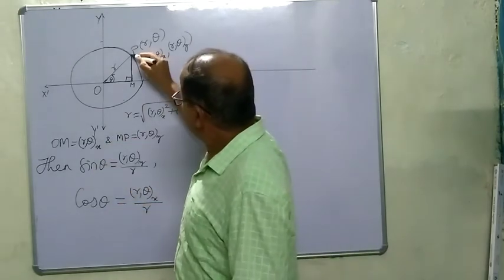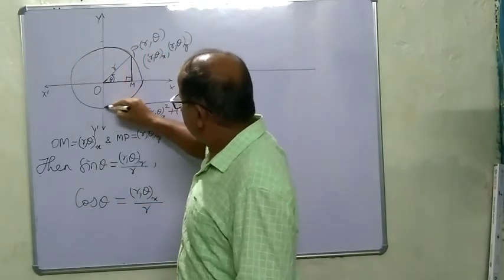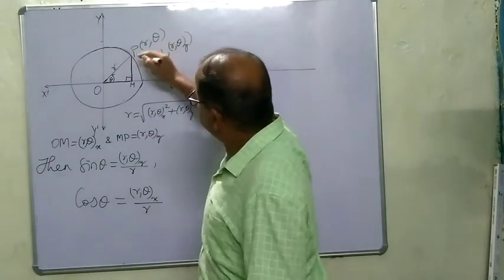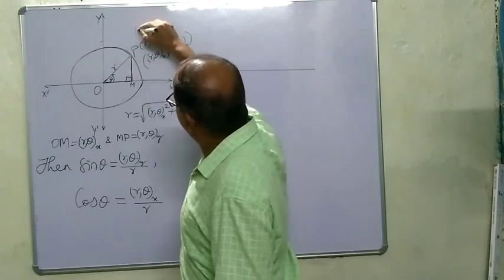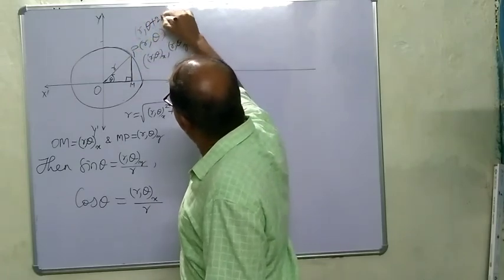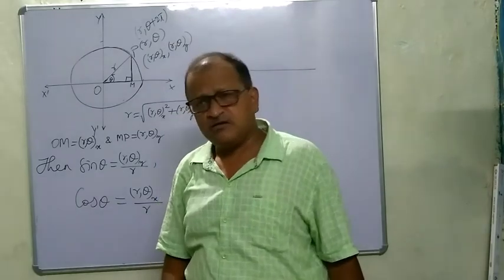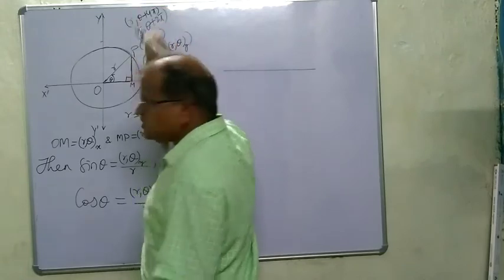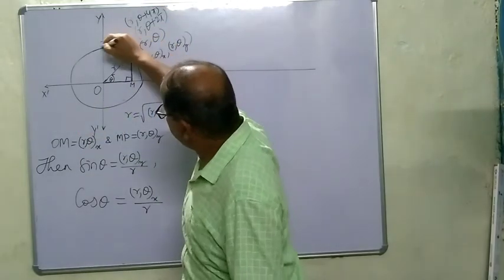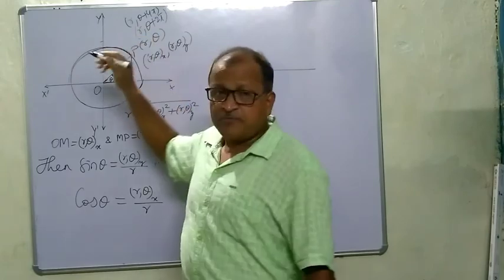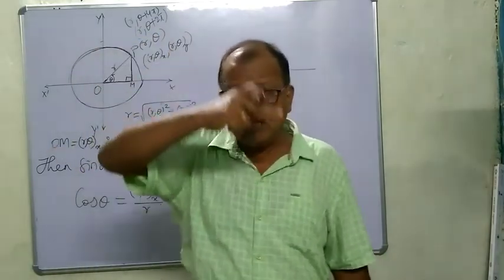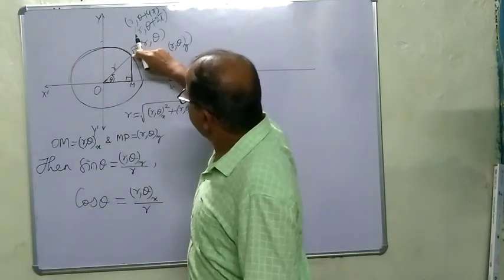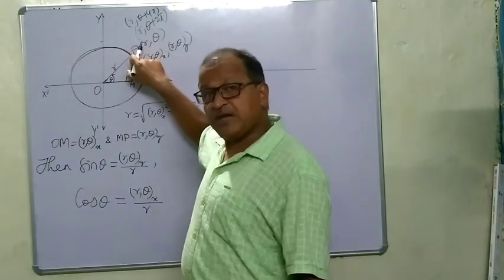If r theta is the coordinates of this point, then r theta plus 2 pi will be the coordinates of the same point, and r theta plus 4 pi will be the coordinates of the same point, because after a complete rotation you will be again at the same point.